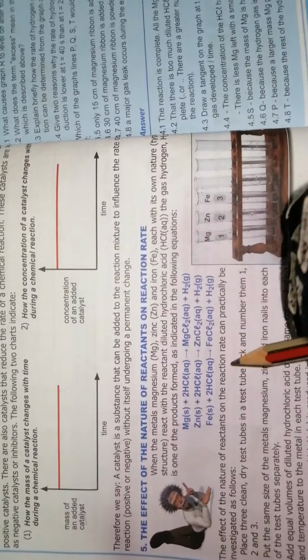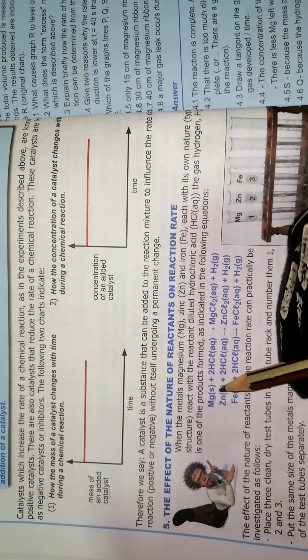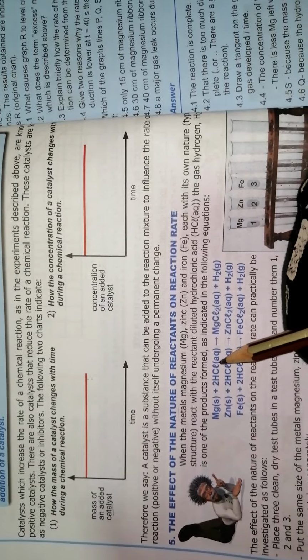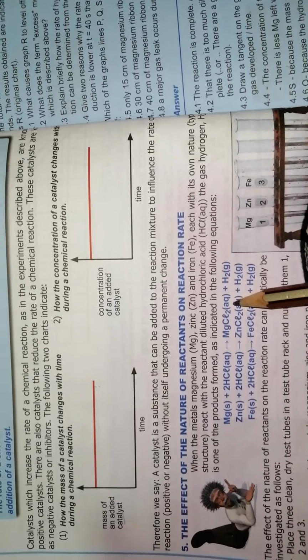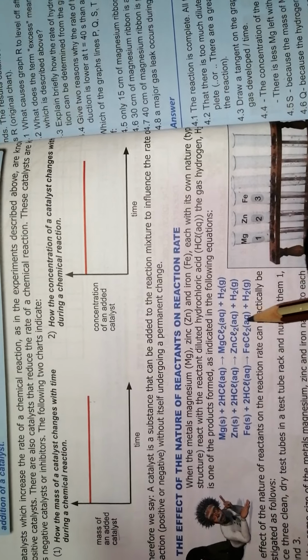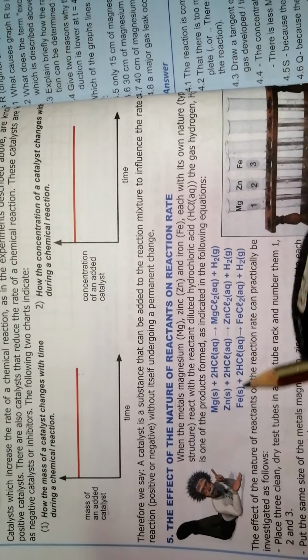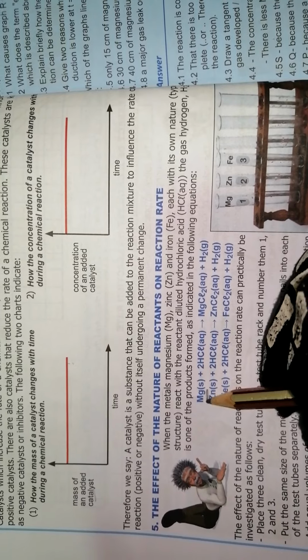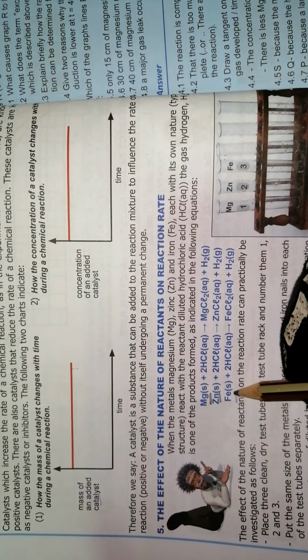Right, and the final thing that affects the rate of the reaction is the nature of reactants. Now, you don't need to know too much about this, but let's just look at what happens. You have this reaction where you have different metals, and then you're reacting them with hydrochloric acid to form metal chloride plus hydrogen gas. So we have three specific metals here: magnesium, zinc, and iron.